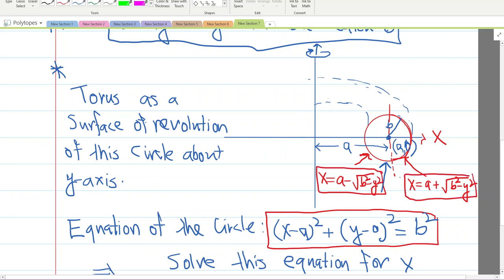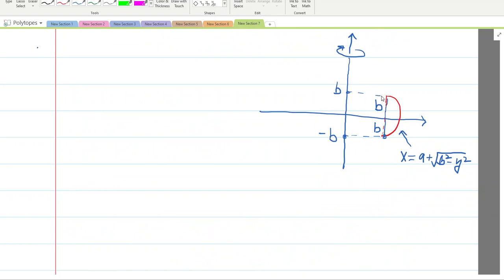Okay, now by using calculus 1 and this graph, I mean this left half and the right half of the circle, we are going to find the surface area of the torus. So we divide the torus into two parts.